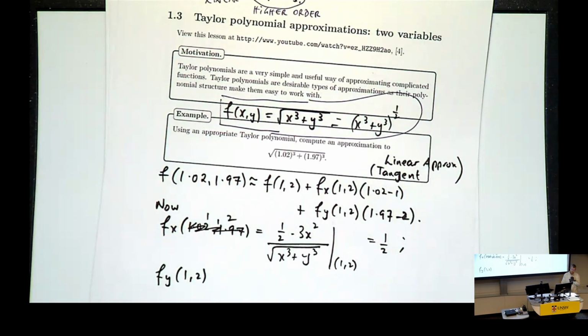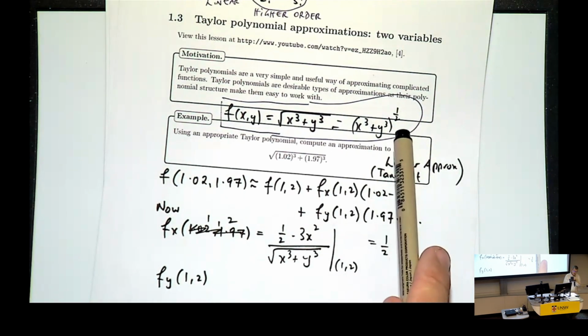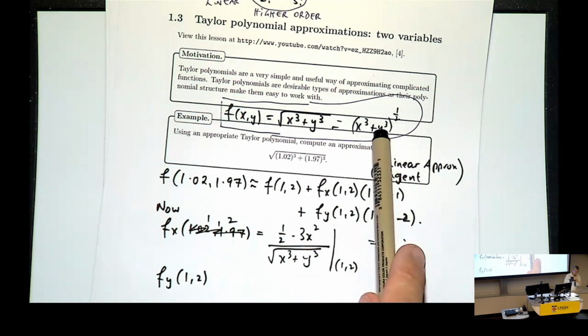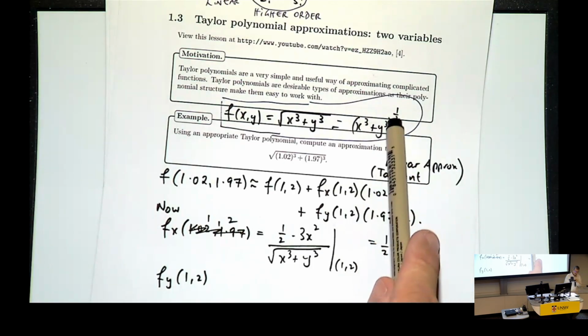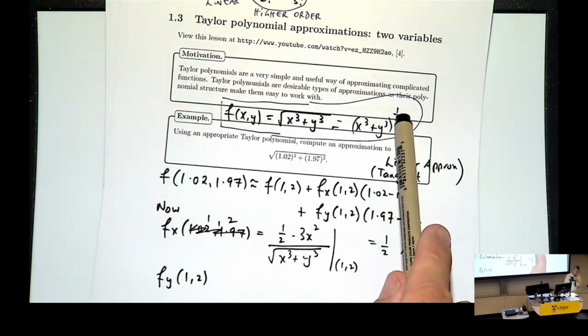Now let's do it again, okay? Differentiate this with respect to y. So imagine x is fixed, just differentiate normally with respect to y. The half comes to the front, the derivative of that comes to the front, and you decrease the power by 1.